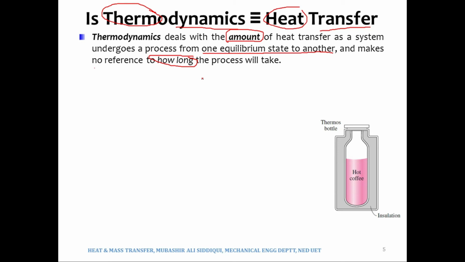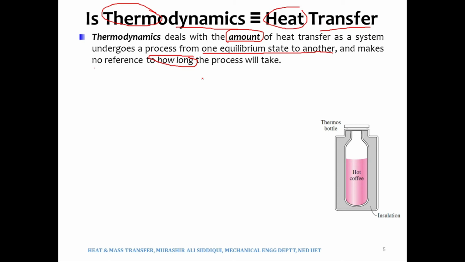For example, if the process is a heat transfer process, and the initial state is 1 and the final state is 2, and if the process takes, for example, 20 minutes, you can find out the total heat going into or out of the system during those 20 minutes. That would be the domain of thermodynamics.